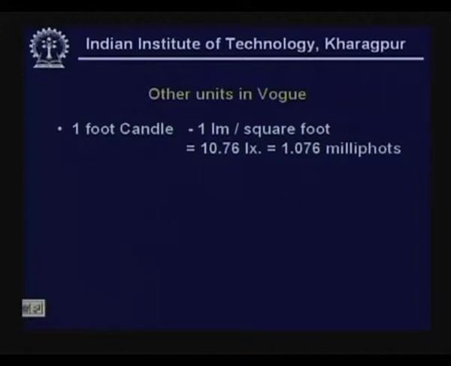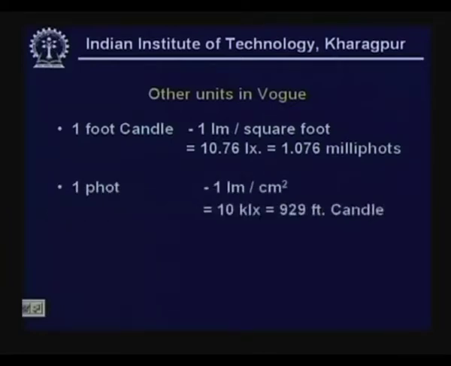We do have another unit which is called the phot. In fact the lux is a very large unit, so you talk in terms of phots, which is 1 lumen per cm squared. Let us look at it this way: we are looking at the effect of a light over a certain unit area, and 1 meter squared is a very large area.